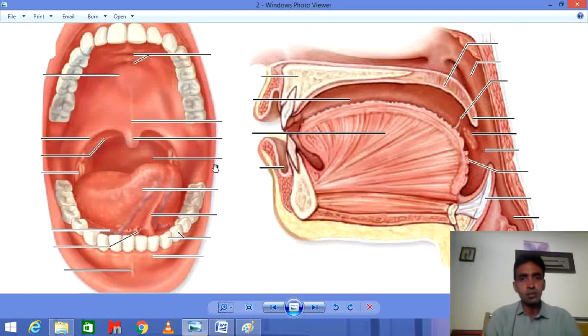The buccinator muscle in the cheek contracts so as not to allow the food to go into the cheek in this area. If the buccinator muscles are not functional, it will be difficult for the food to stay between the two jaws and be cut down efficiently. So the function of the buccinator is to give a strong limit to the food.